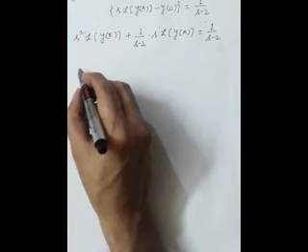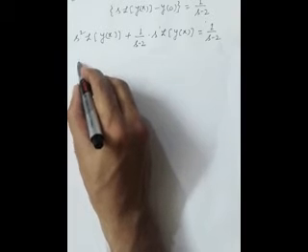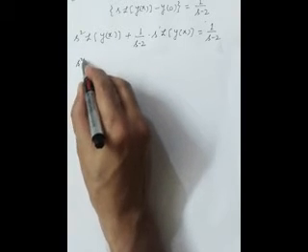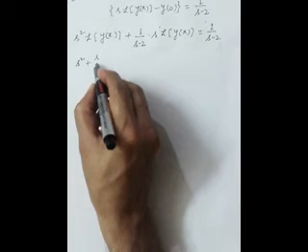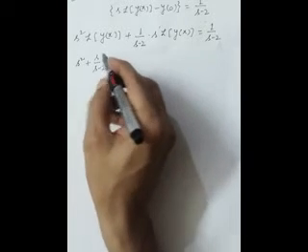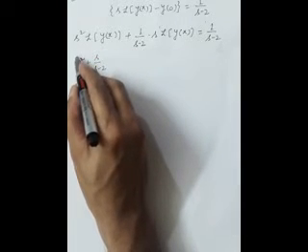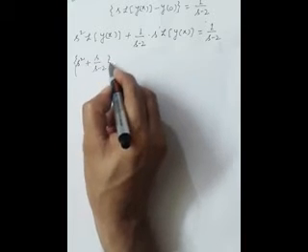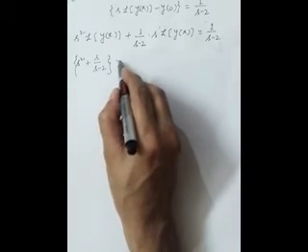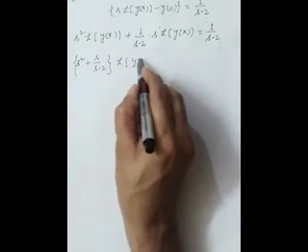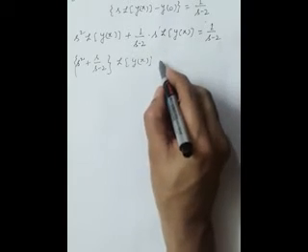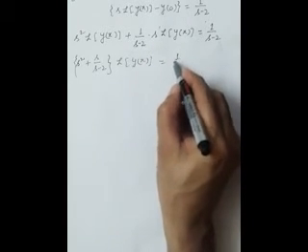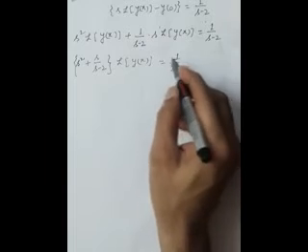So we have s square plus s upon s minus 2 times Laplace transform of yx. This is equal to 1 upon s minus 2.